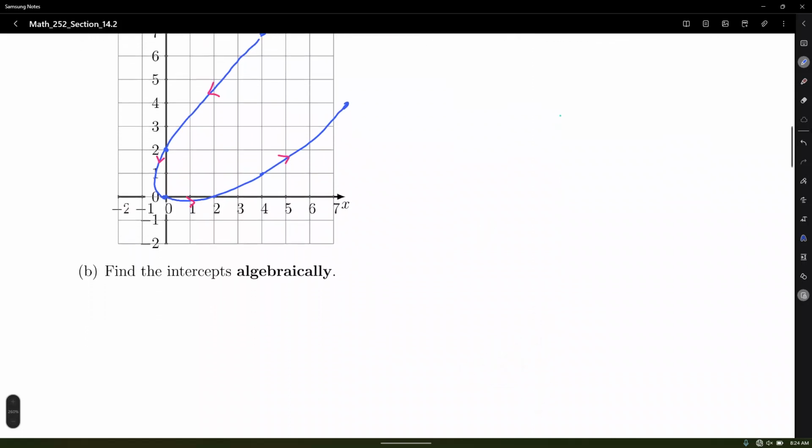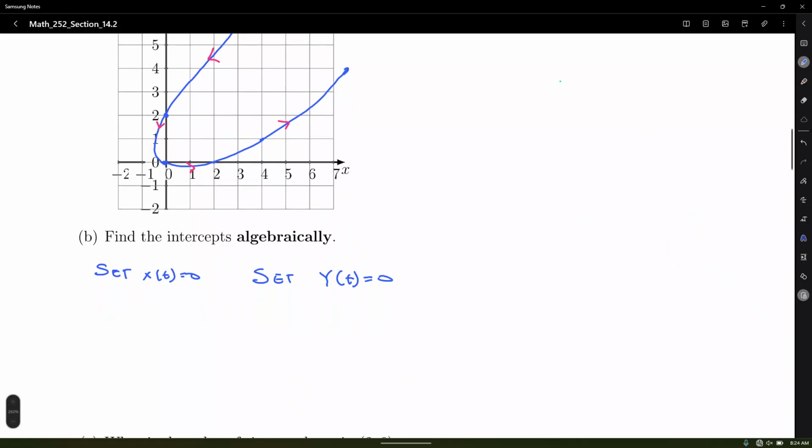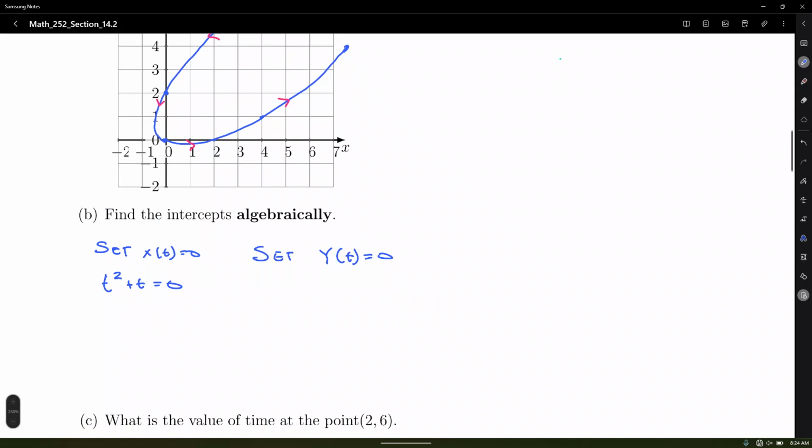All right, so let's set x of t equal to 0 and solve the equation. That is, t squared plus t, set it equal to 0, and we can easily solve this polynomial equation by factoring.